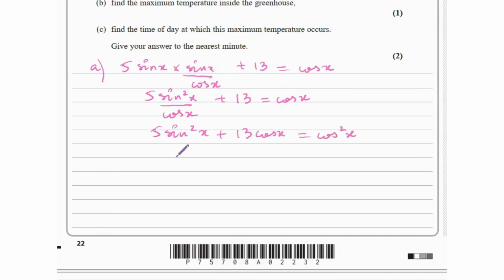In order for us to fully solve this equation, we need to convert all of them into cos squared x, which means sine squared x will be replaced by 1 minus cos squared x.